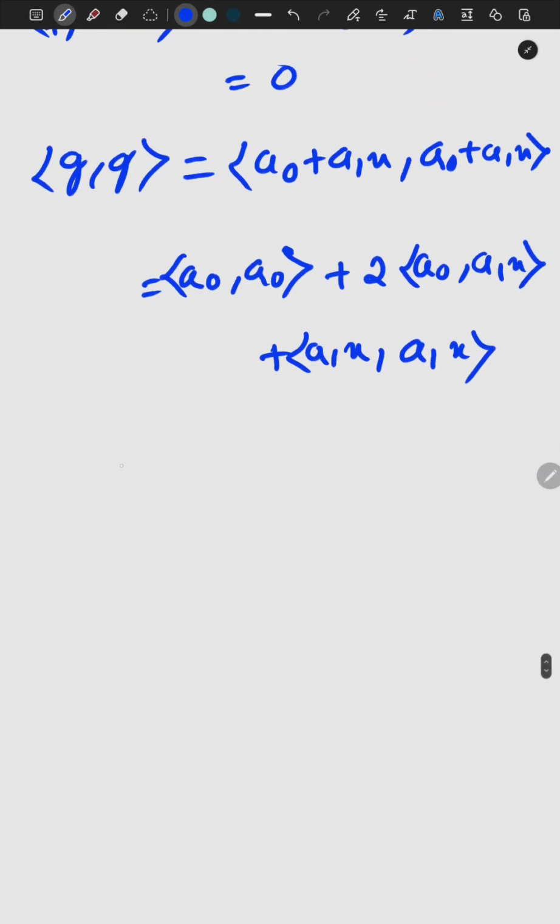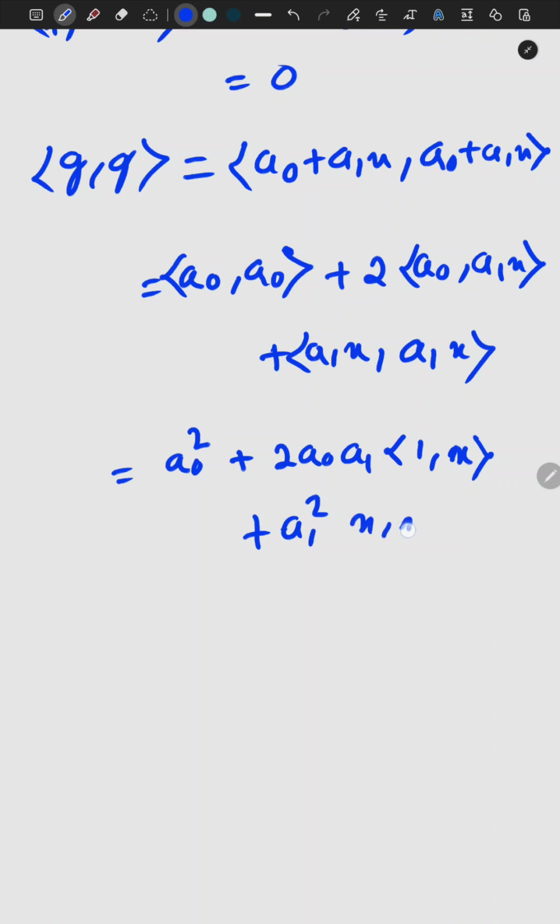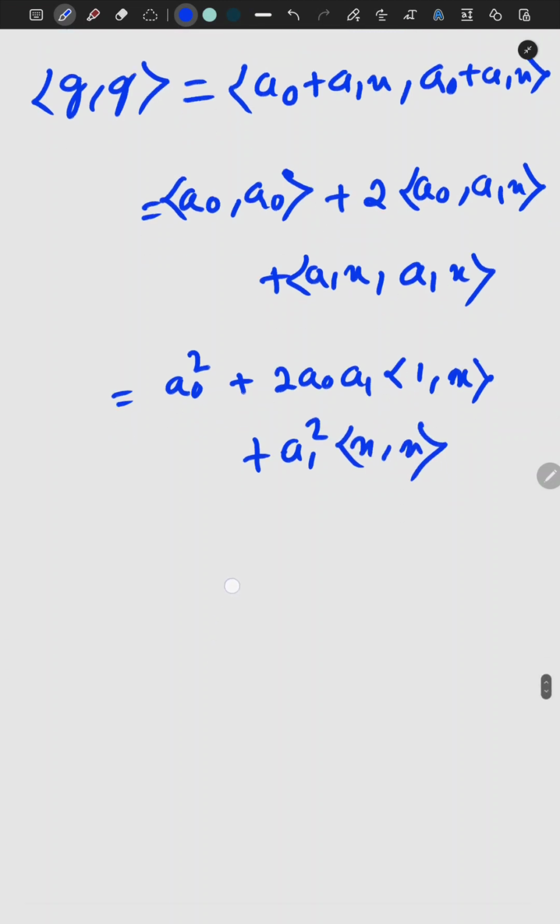If we calculate it, it gives a naught square plus 2 a naught a1 times the inner product of 1 comma x, plus a1 square times the inner product of x comma x.